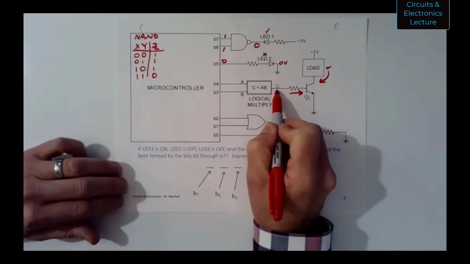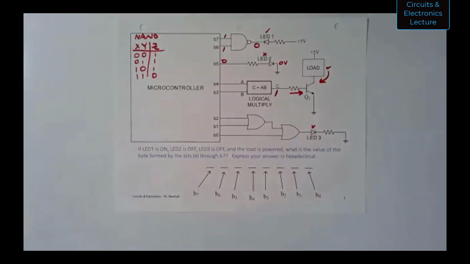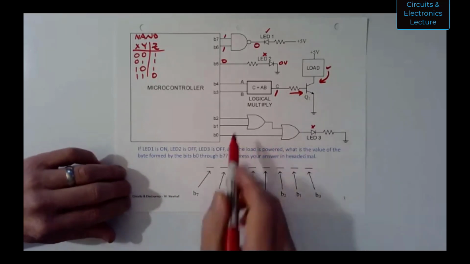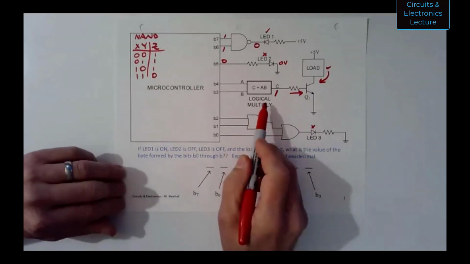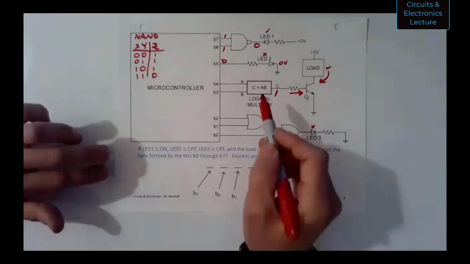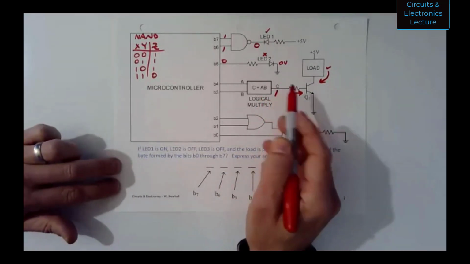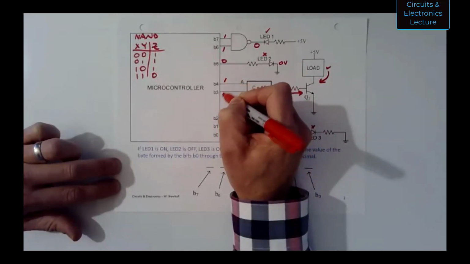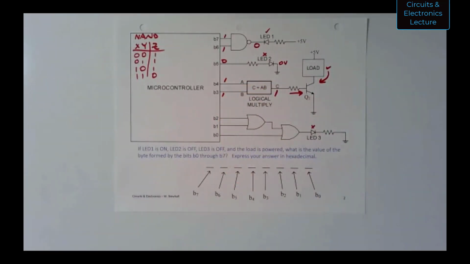Okay, so that means I need maybe 5 volts or a logical value of 1 at the output of that logical multiply. Okay, so logical multiply, if you remember, is an AND gate. Right? So an AND gate only has an output of 1 when both of the inputs are true. So I can figure out B4 and B3 logical values.